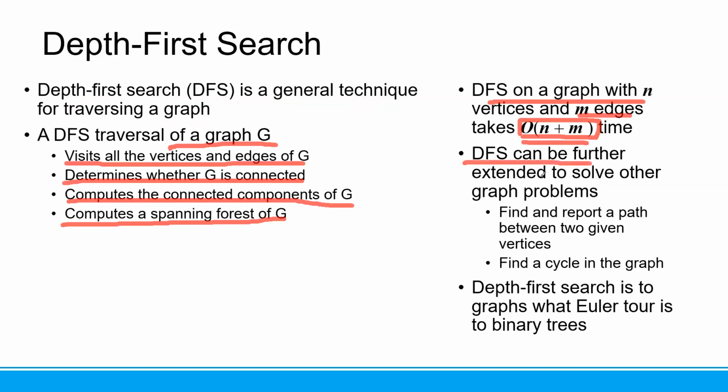DFS can be further extended to solve other graph problems. For example, find and report a path between two given vertices. We can use DFS to find a path, and we can use DFS also to find a cycle. Do you know the difference between a path and a cycle?